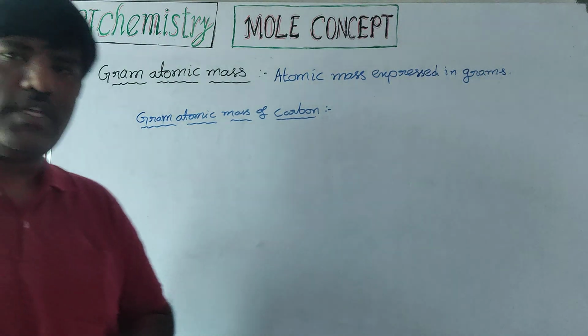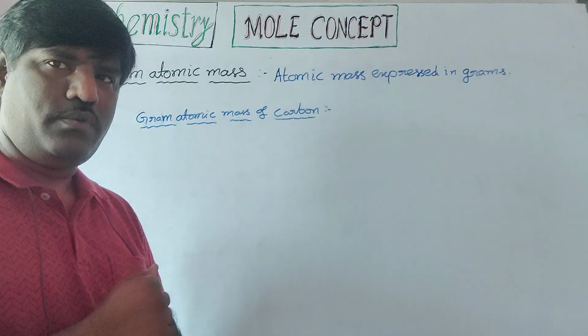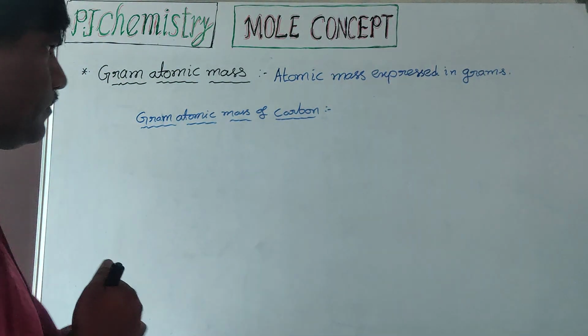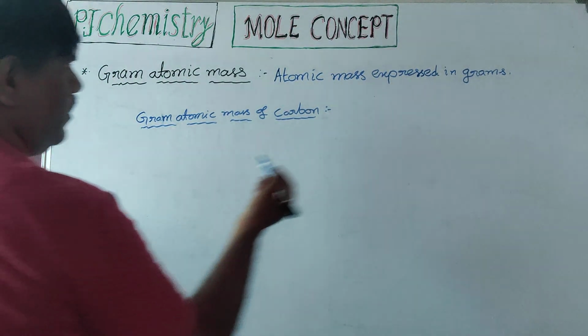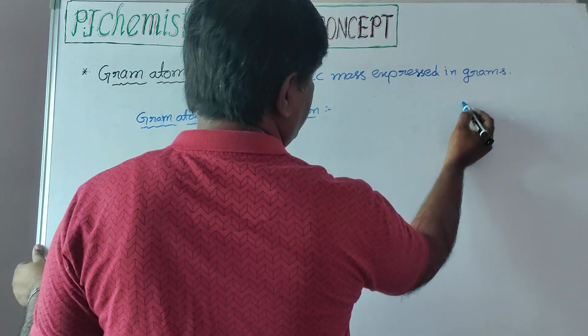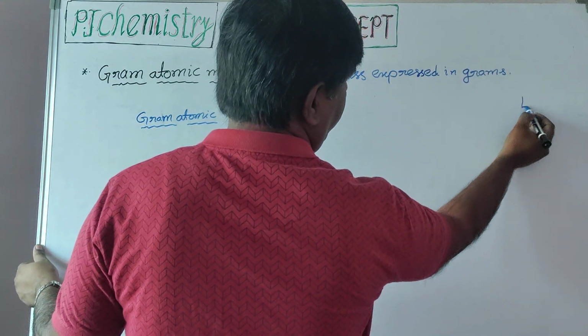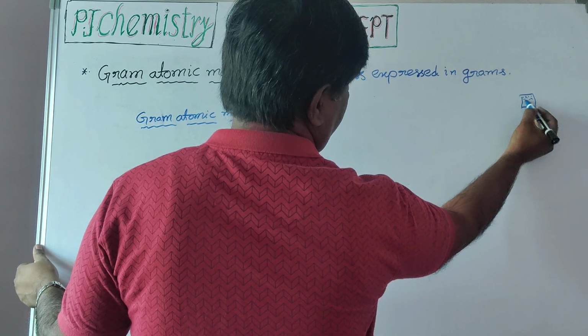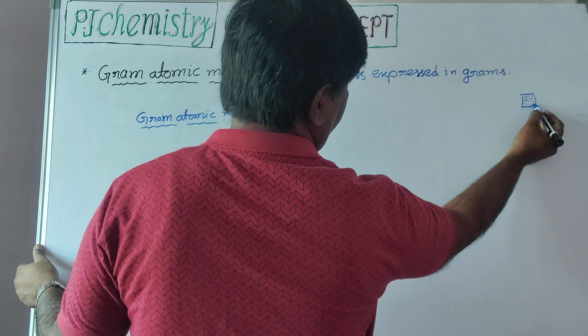From the starting onwards, one AMU. We take an element. Here I am drawing. An element is made up of the same kind of atoms, as we already know.